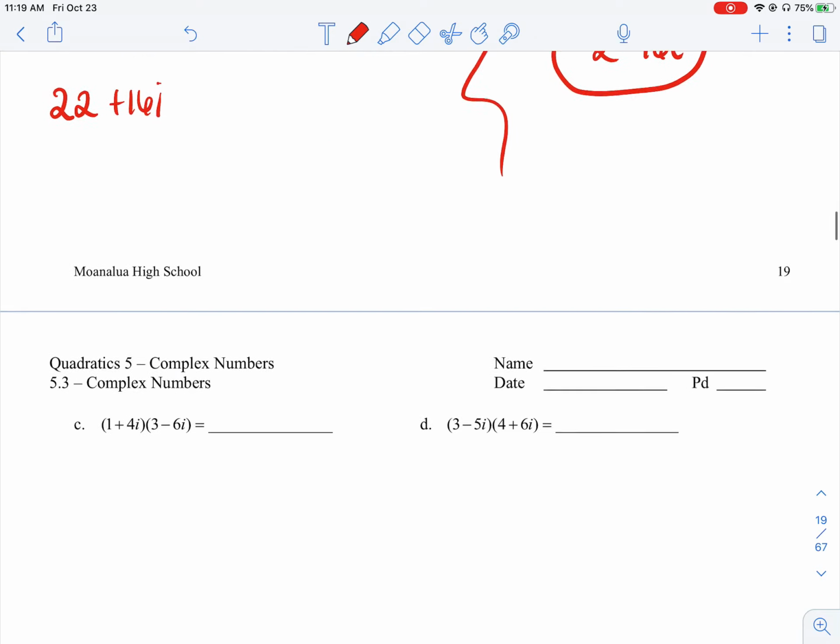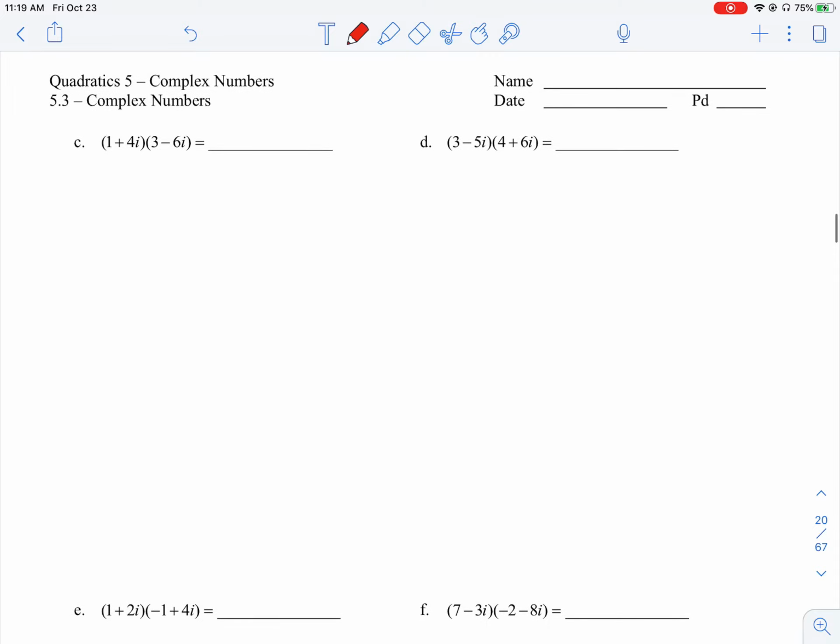So I'm going to do letter C. But this time, I'm going to do a box method. But again, you could still do a FOIL method. I'm just showing another way of solving it, just in case other students would need it. Okay? So this is how we will do a box method as an alternative to the FOIL I did earlier.